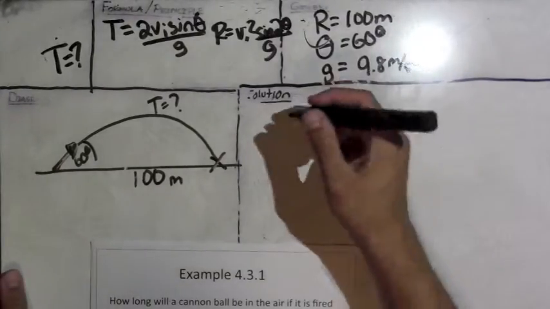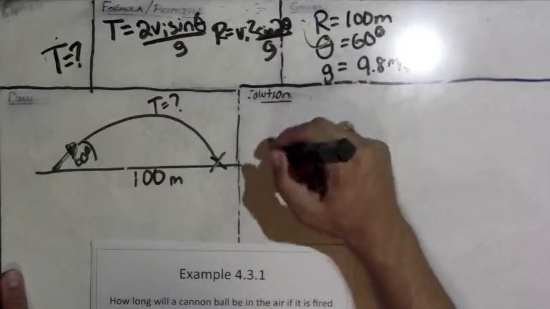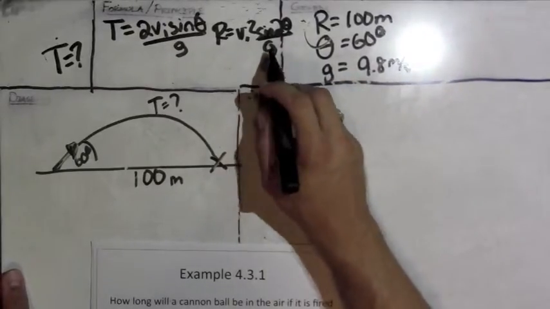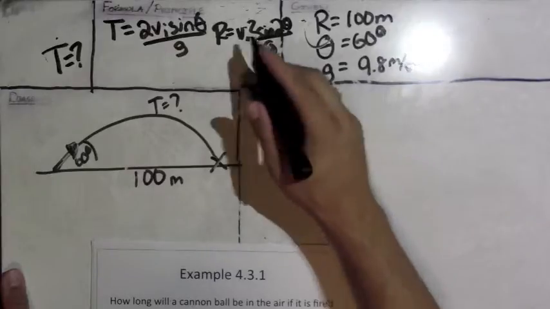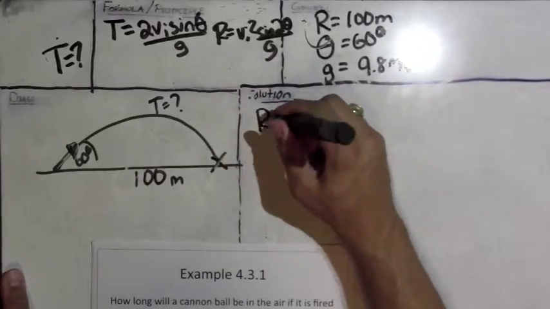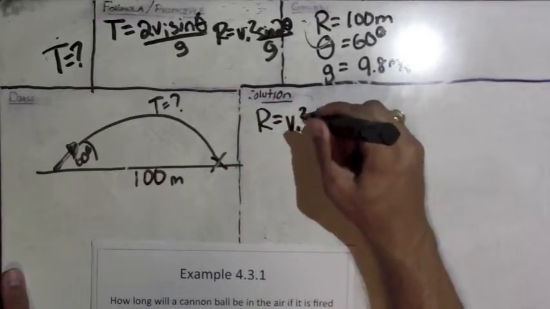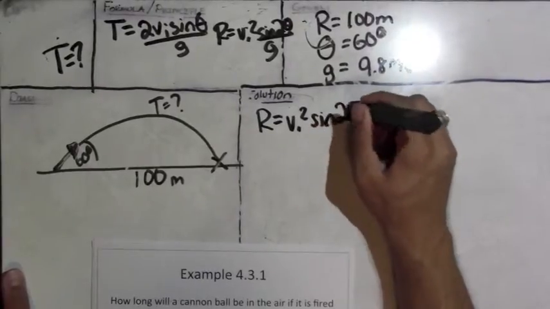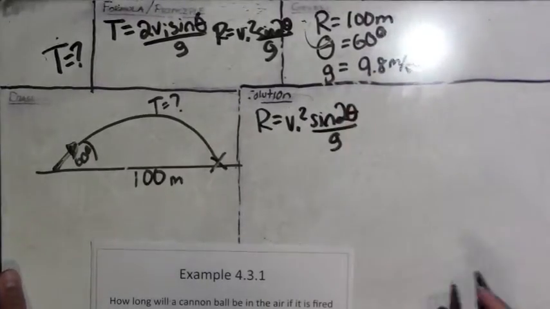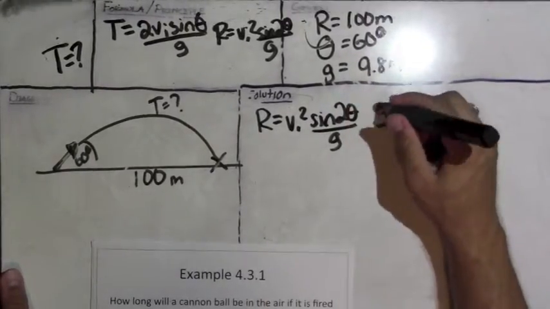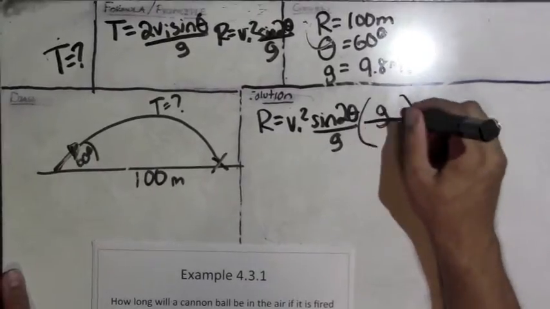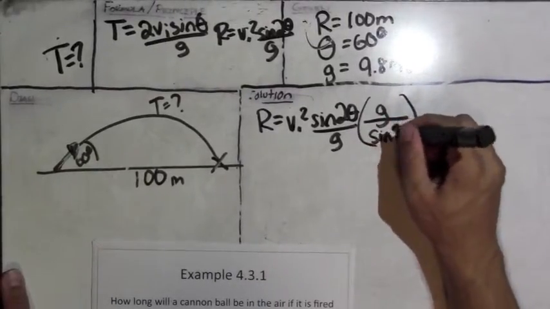So I can say, the range equals vi squared sine 2 theta over g. I'm going to write that equation here and rearrange it. I'm going to multiply both sides by g and divide by sine 2 theta.